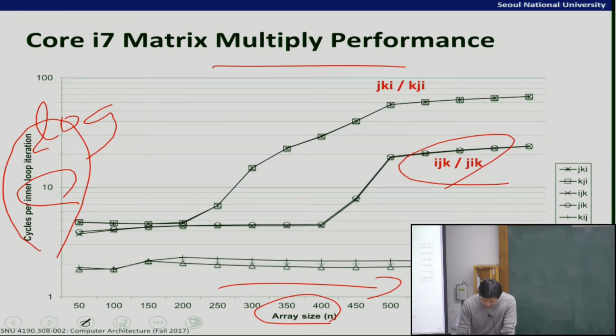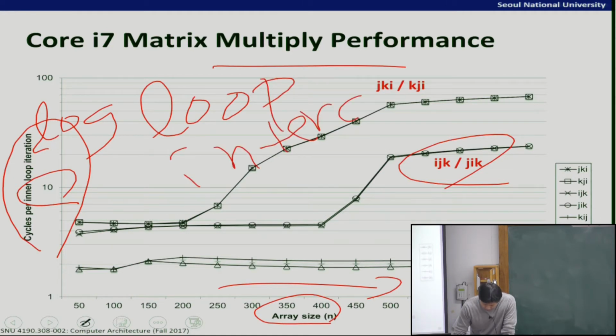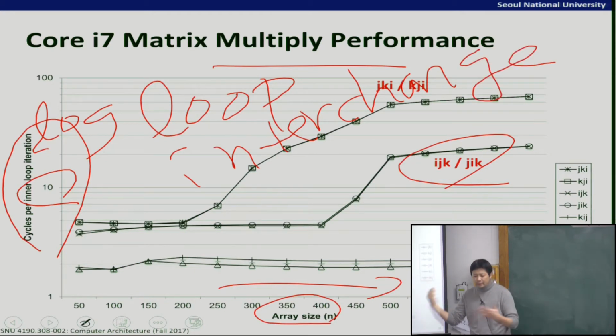And this technique is called, as I said, loop interchange. Loop interchange is a very well-known technique. If you take the compiler course, I don't know who is teaching compiler, maybe Professor Egger, he may touch on this topic, loop interchange or some optimization techniques in the compiler.